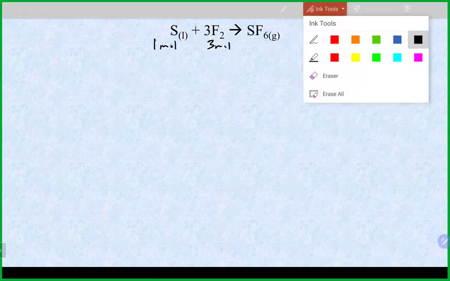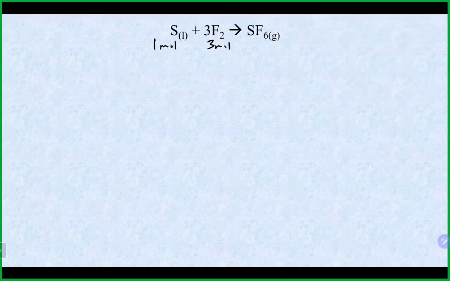There are a few different ways that you could do these type of problems, but really the first thing that you want to look at when you have a stoichiometry problem is, is it a limiting reagent problem?